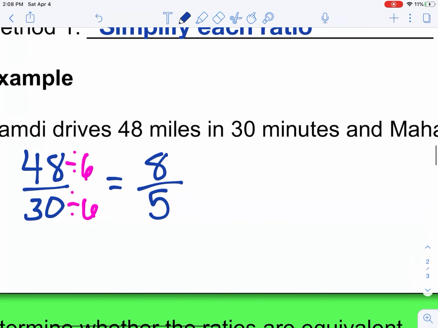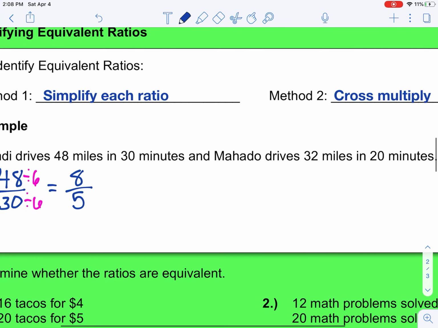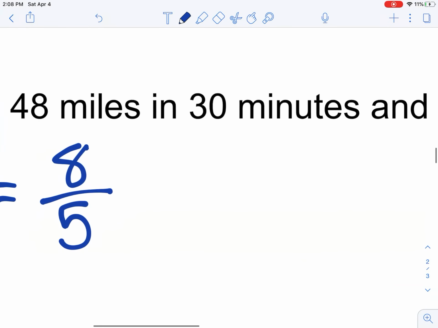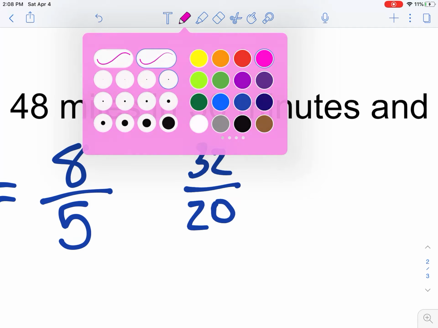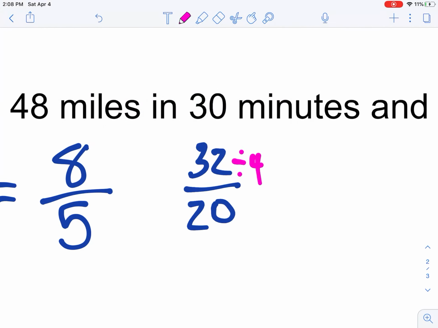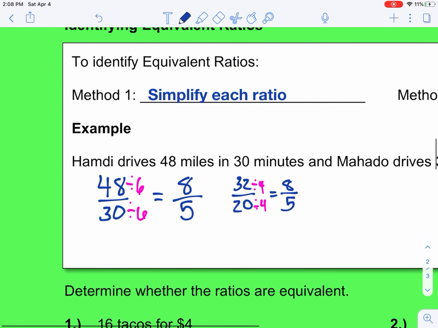Now I'm going to do Mahado's. Mahado's was 32 miles in 20 minutes, and I can simplify that by dividing both of those by 4. And I get 8 to 5. So yes, Hamdi and Mahado, their ratios of miles driven in how many minutes is the same. Those are equivalent.